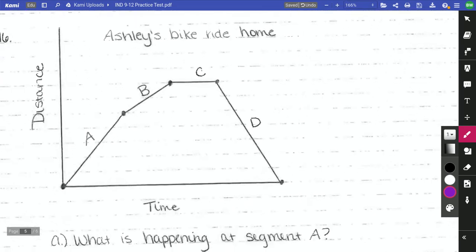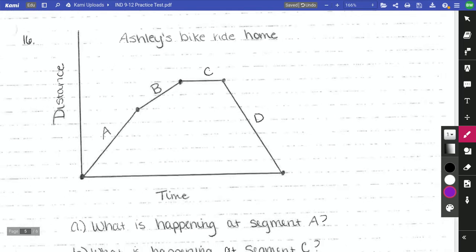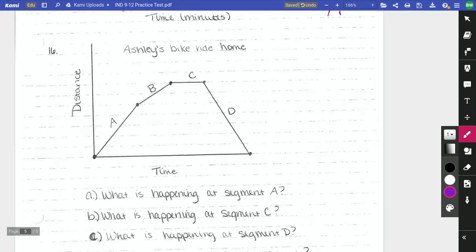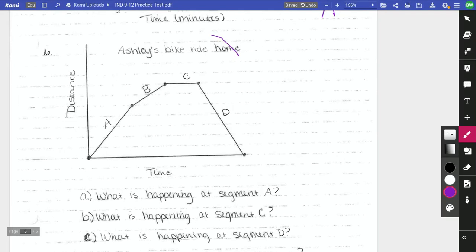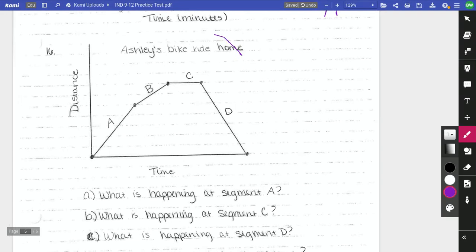Ashley's bike ride home. I think this would be better, say, Ashley's round trip. I'm going to change this because she ends up the same place she started. So when you say Ashley's bike ride home, that sounds like she started somewhere and ended at home and maybe came from her grandmother's house or something.